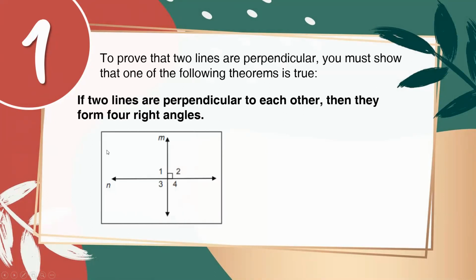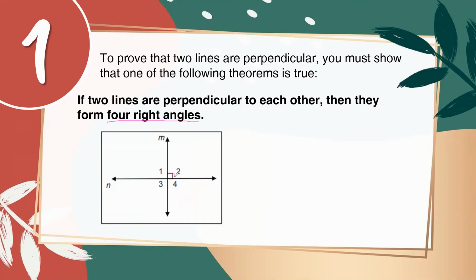This one, this illustration. The two lines are perpendicular to each other. Then they will form four right angles.